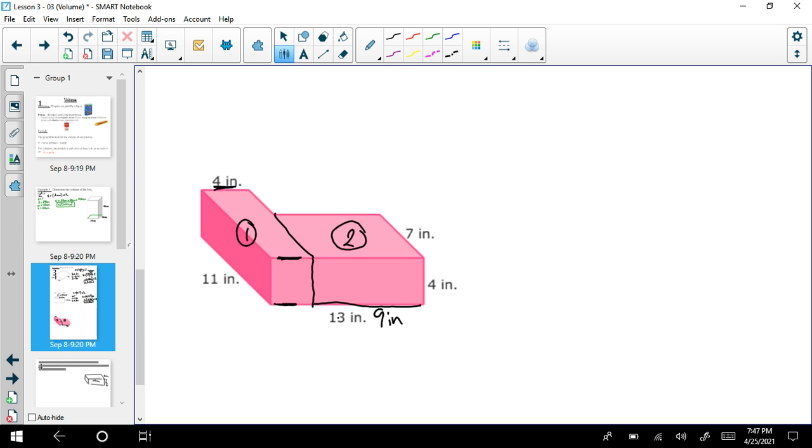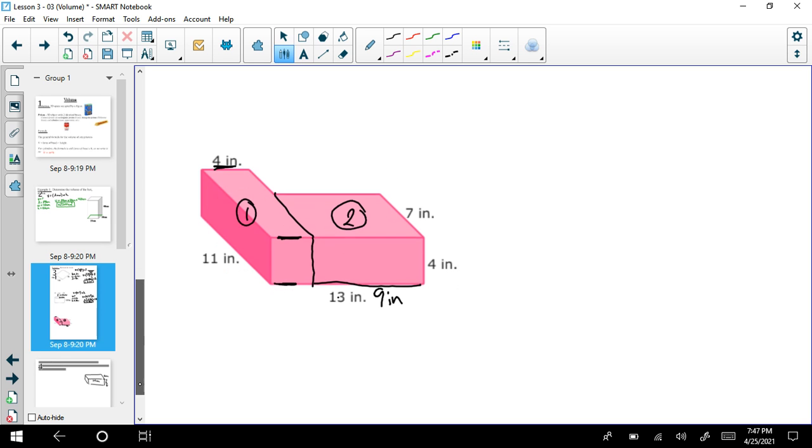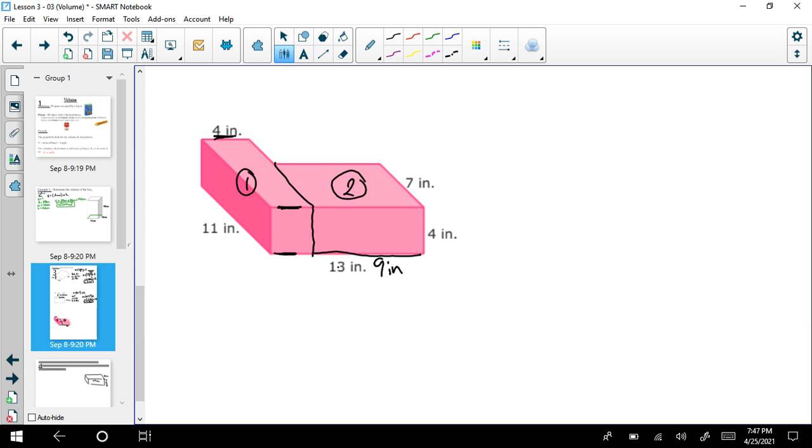Okay? So then I would find the volume of my first object, number 1. And I would find the volume of a rectangular prism by doing volume equals the area of my base, so length times width, and then times height. And then I would put my known and unknown information. So volume we don't know.